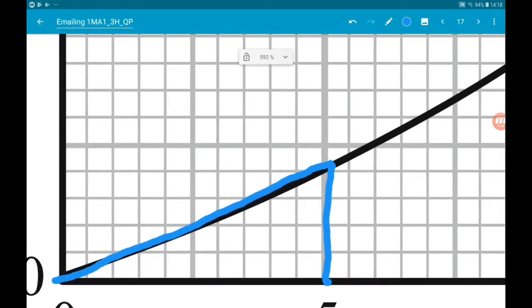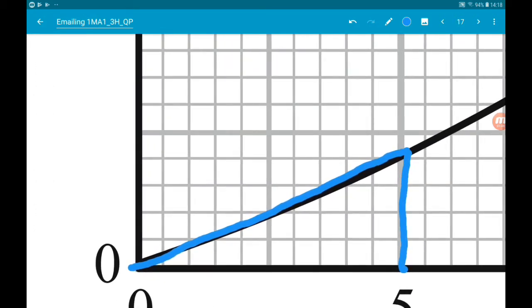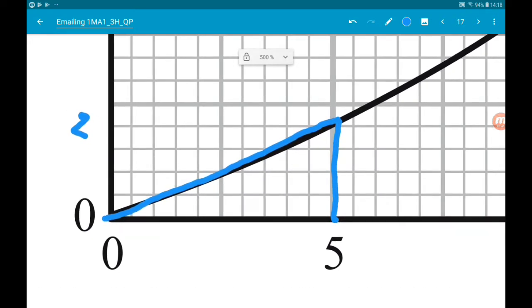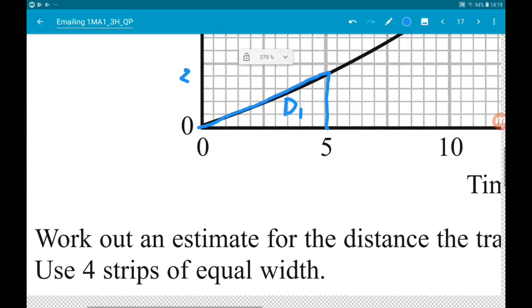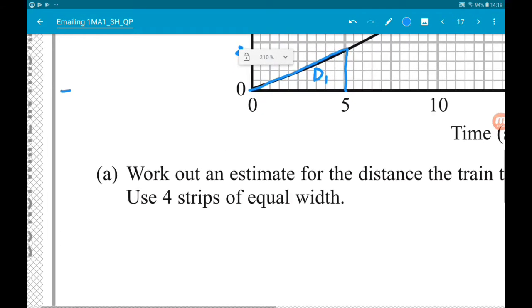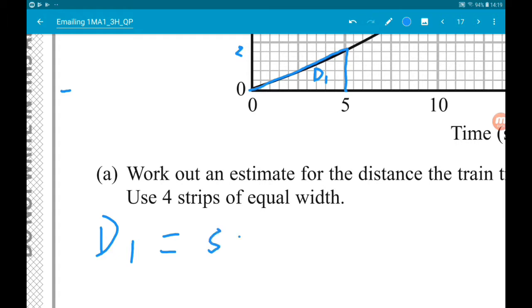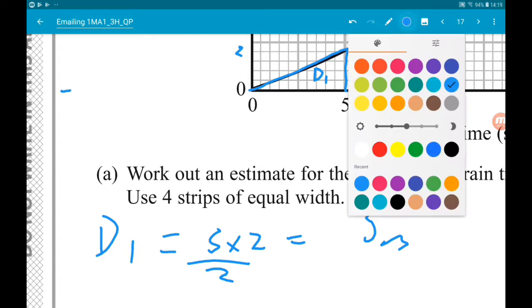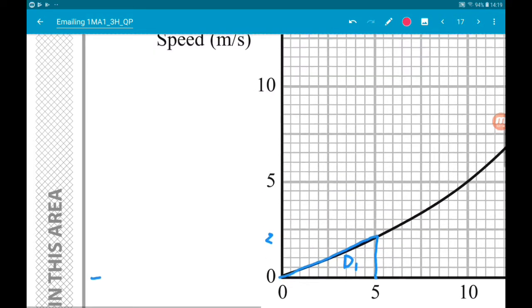So our height here is 4 little squares, which is 2. Now if we call this D1, then area of a triangle is base times height divided by 2. So D1 is 5 times 2 over 2, which is 5 meters.